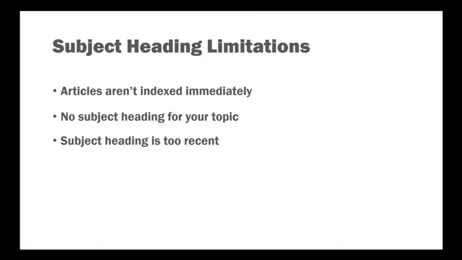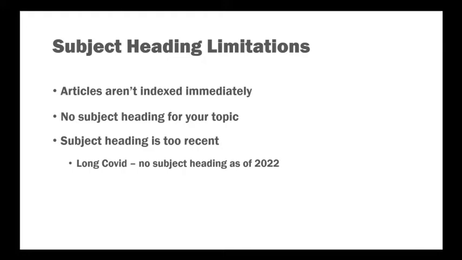For example, the concept of long COVID, though widely researched, does not yet have a MeSH term as of late 2022. Relying on subject headings alone may eliminate articles that were written before the database started assigning a new subject heading to articles. Let's say, hypothetically, that Medline creates a new subject heading for long COVID next year in 2023.